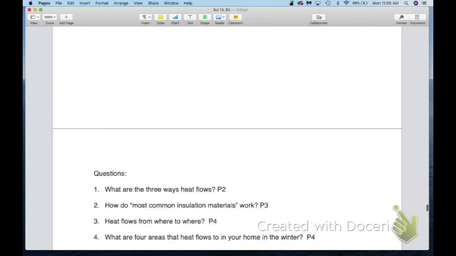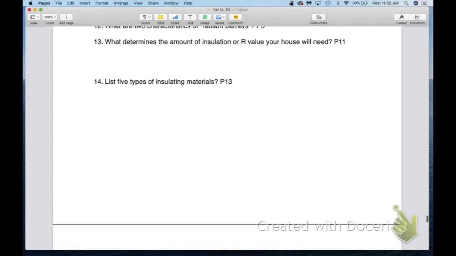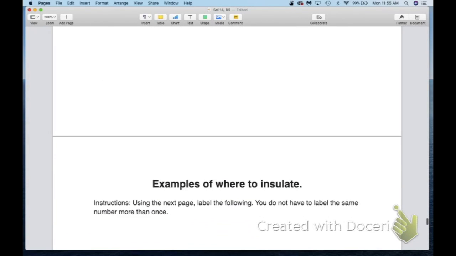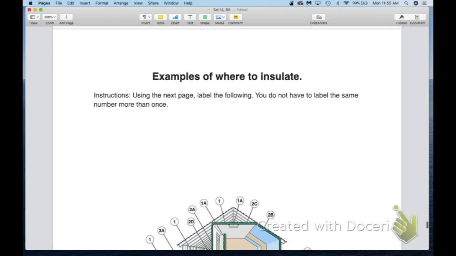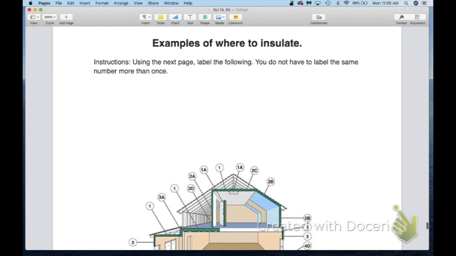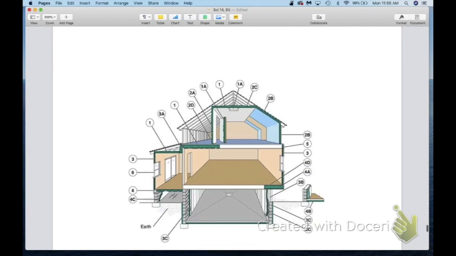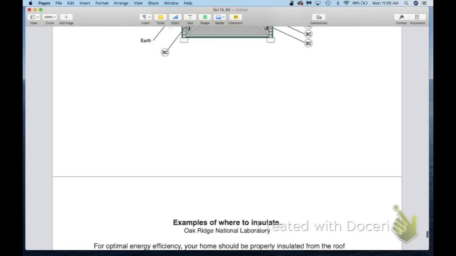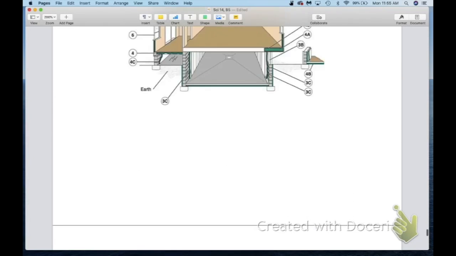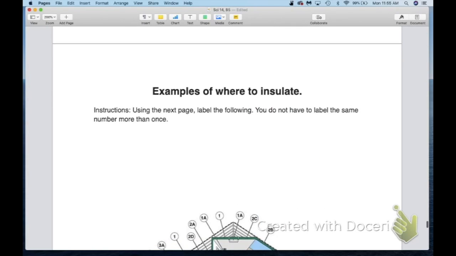Okay, you'll do those questions, and I'll have them all online, or I've got a paper copy at the school for anybody who wants it. And then you're going to come down to this part, and I'll read the instructions here. Using the next page, label the following.